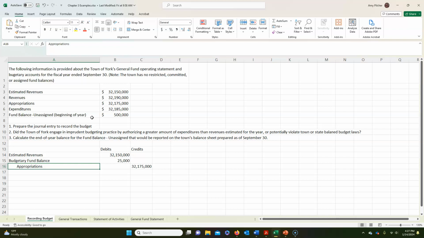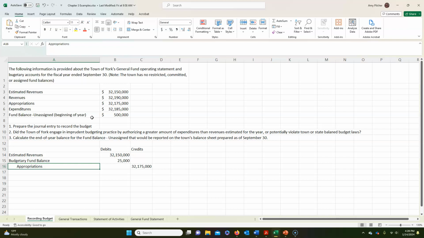So we're able to use that to balance the budget, given that we had appropriations greater than our estimated revenues by $25,000.